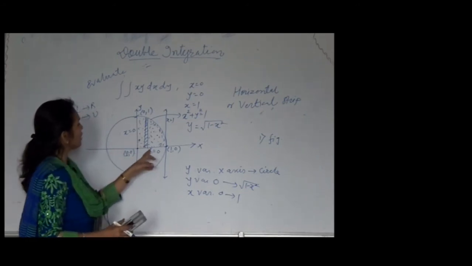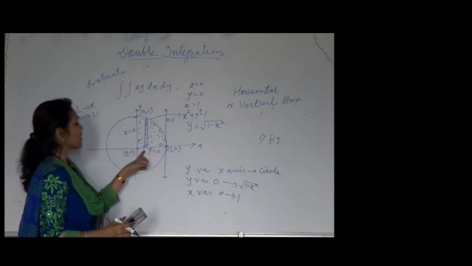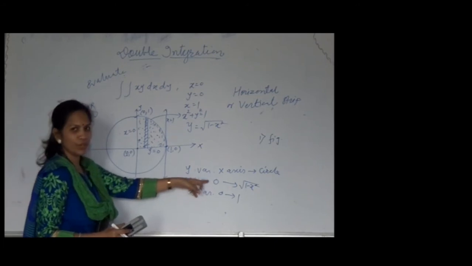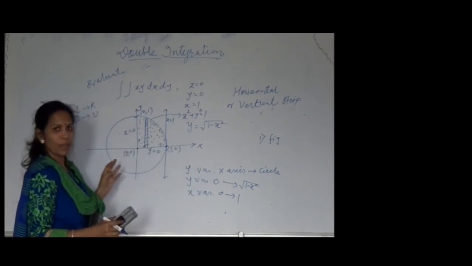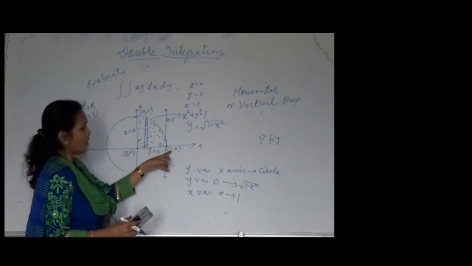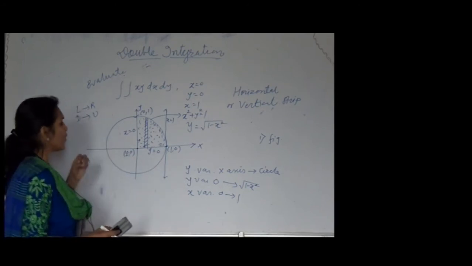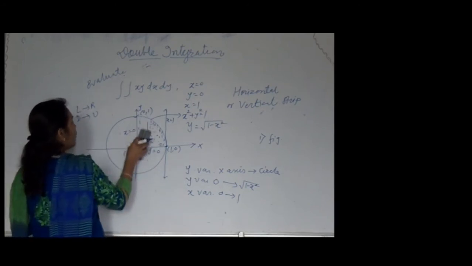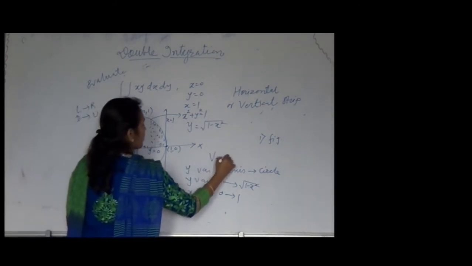So y varies from the x axis to the circle. The equation of the x axis is y is equal to 0. The equation of the circle is root of 1 minus x square. Then x varies from 0 to 1, as it is constant. This is regarding the vertical strip. But I don't want the vertical strip now.